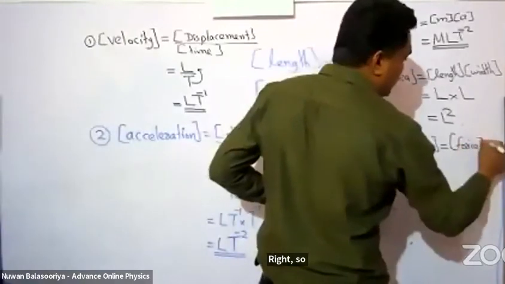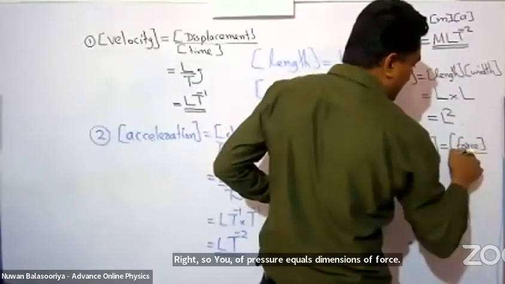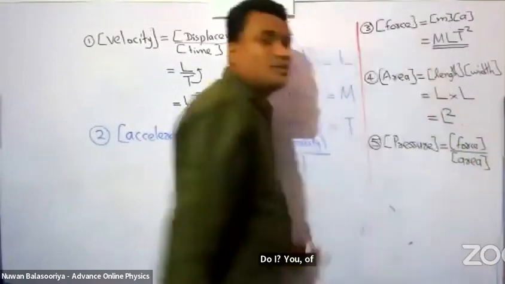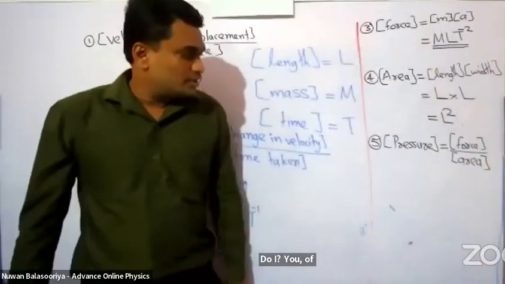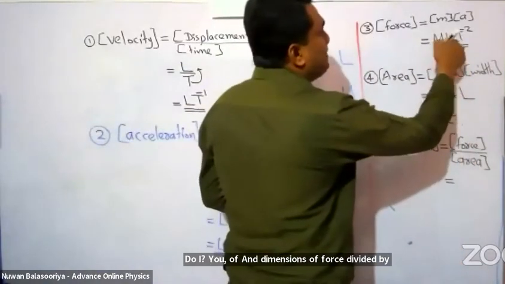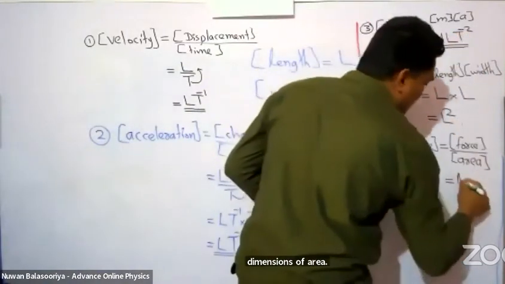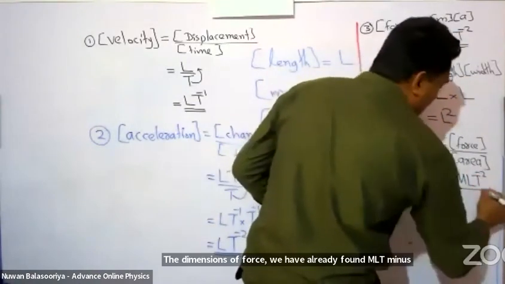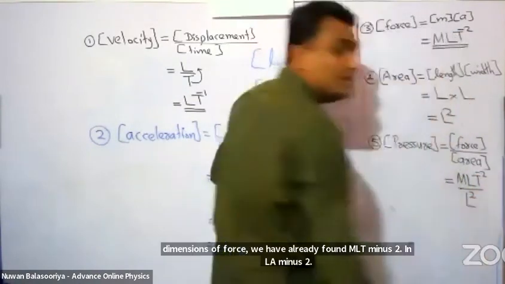So dimensions of pressure equals dimensions of force divided by dimensions of area. Dimensions of force, we have already found, is MLT minus 2. Divided by area, which is L square.